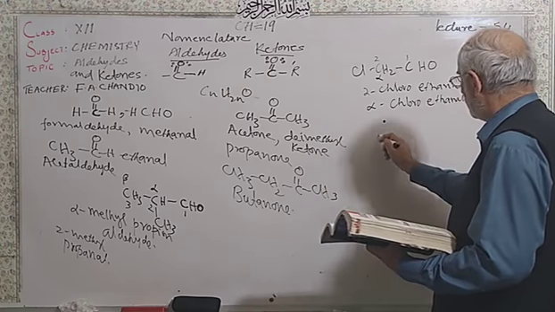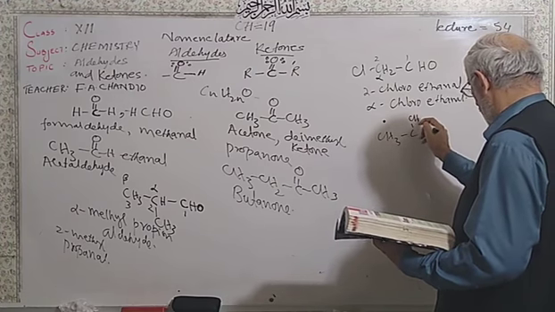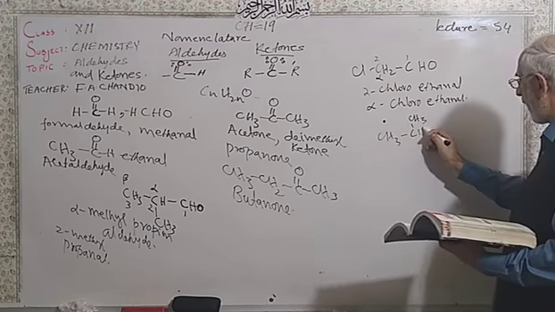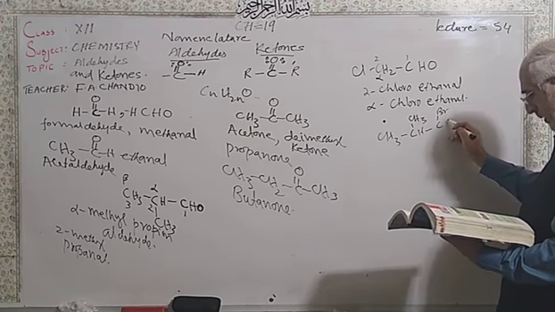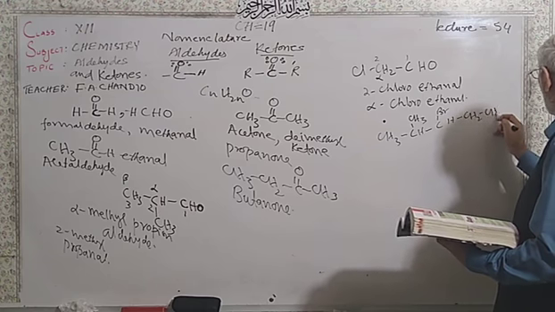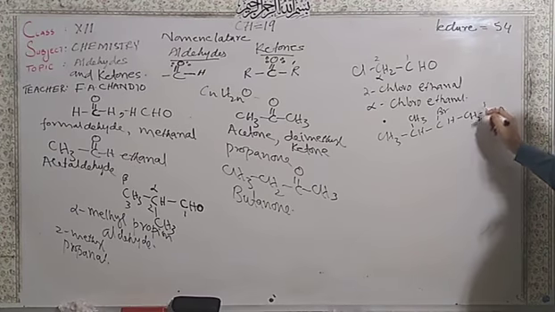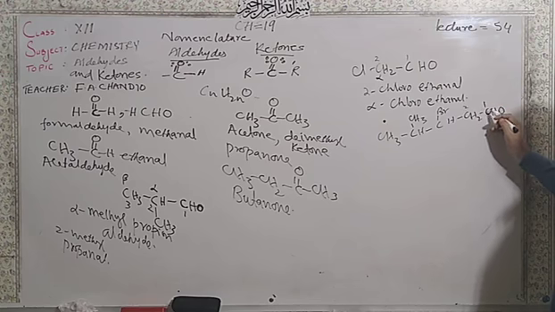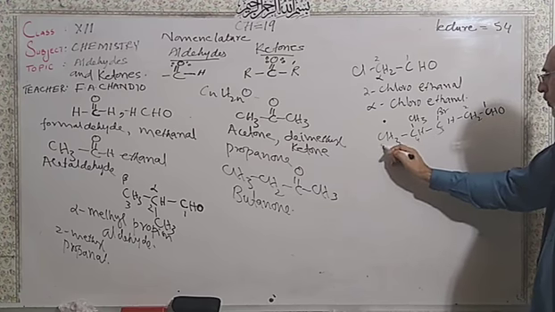Another one: CH3, CH3, CH, Br. If it is like this, this is an aldehyde and there is a carbon, you must include this. 1, 2, 3, 4, 5.